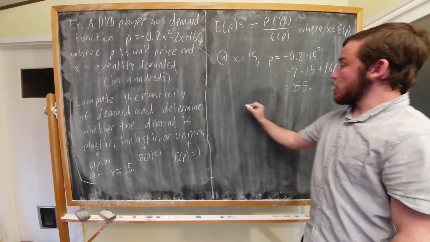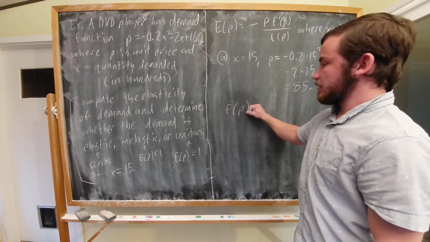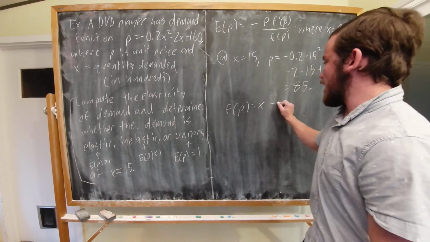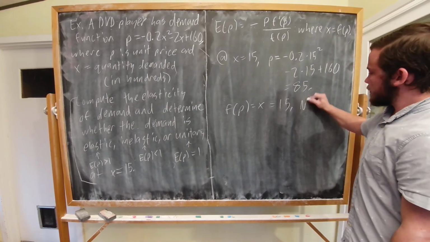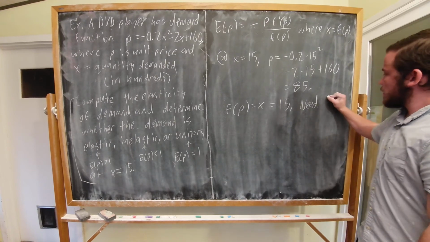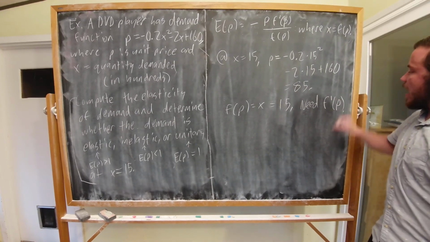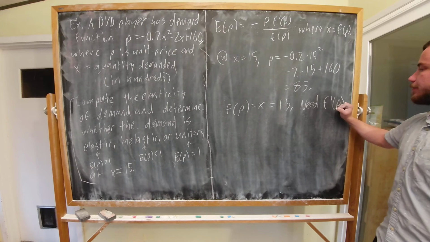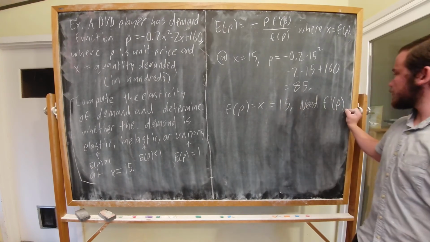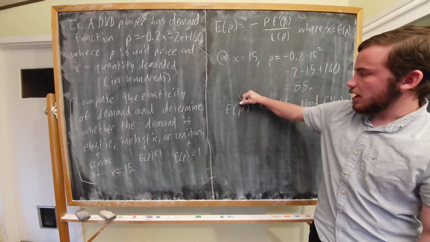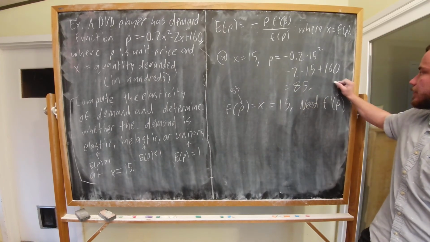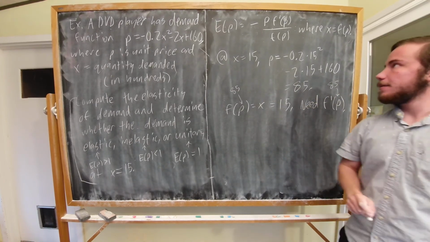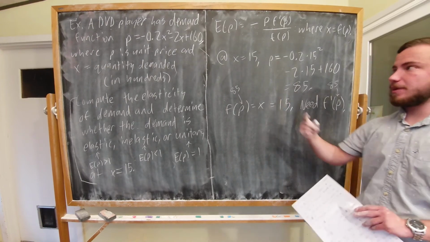We know that F of P, in this case, is X, which is 15. We still need F prime of P, in this case, right? Again, technically we're plugging in at P of 85, since we're working at a specific demand.